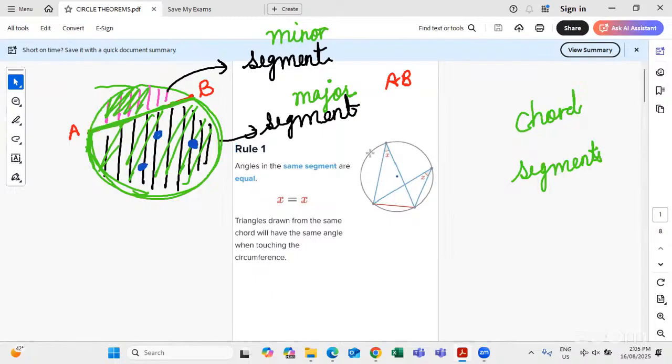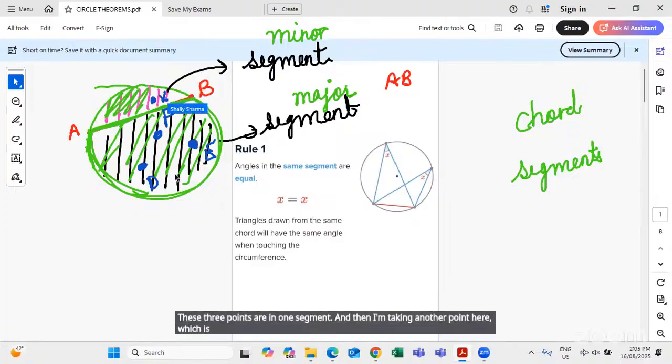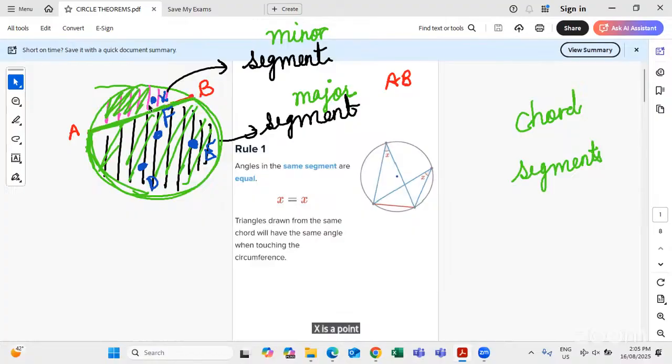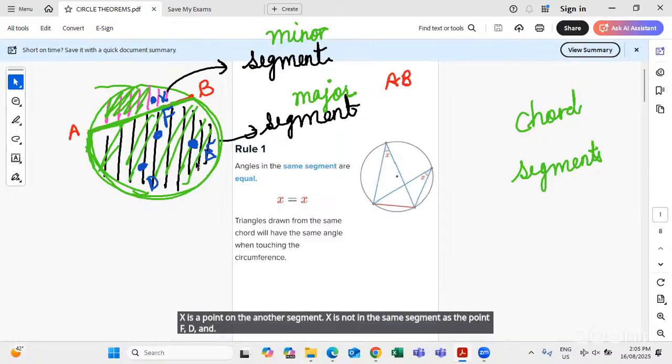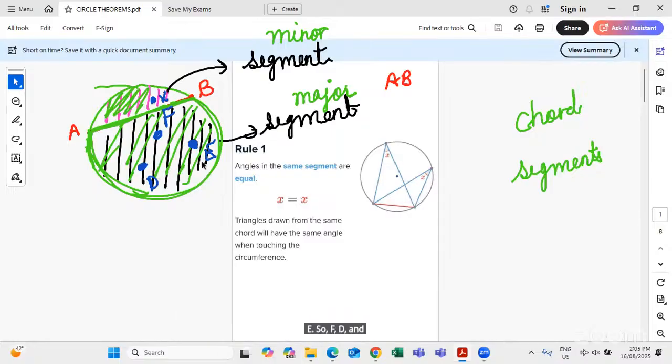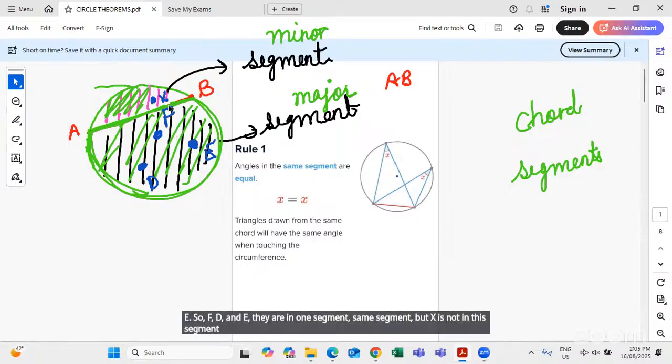These 3 points, let's say their names are D, E, and F. These 3 points are in one segment. And then I'm taking another point here, which is X. X is a point on the other segment. X is not in the same segment as the points F, D, and E. So F, D, and E are in the same segment, but X is not in this segment. X is a part of the minor segment.